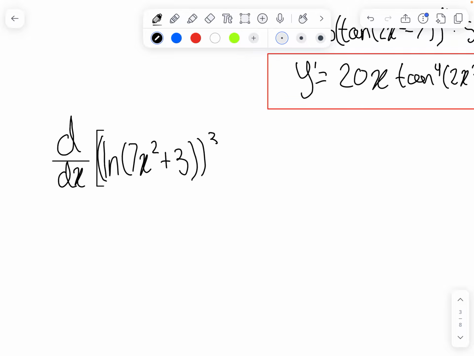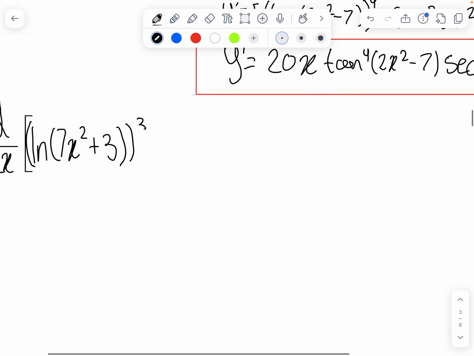So yeah, that's the question. And if you don't know the rule for ln, that's fine. But the derivative of ln is, hang on, let me write this down.